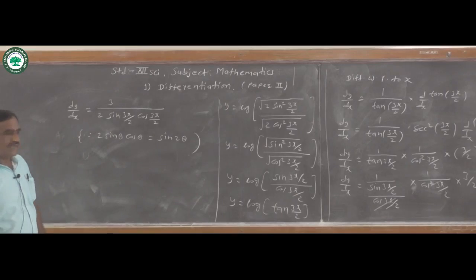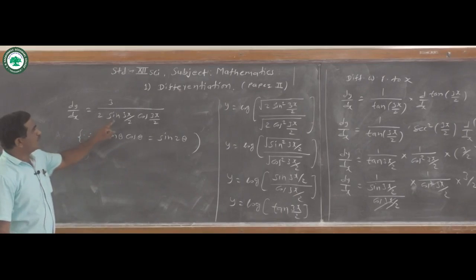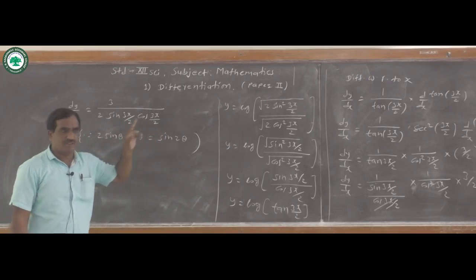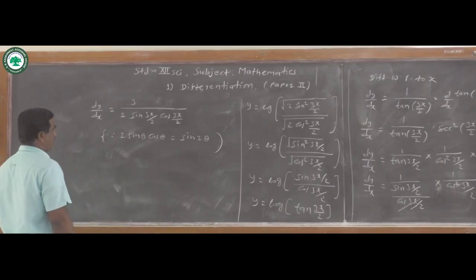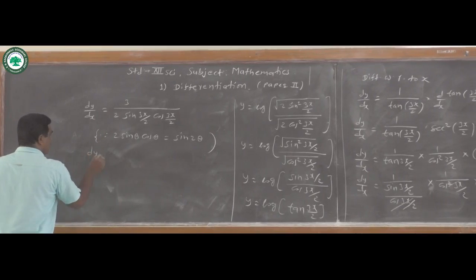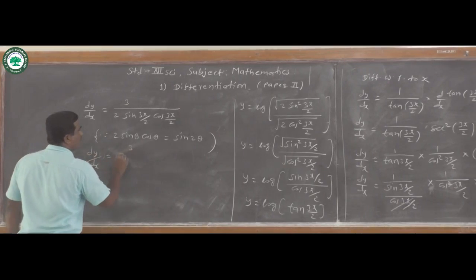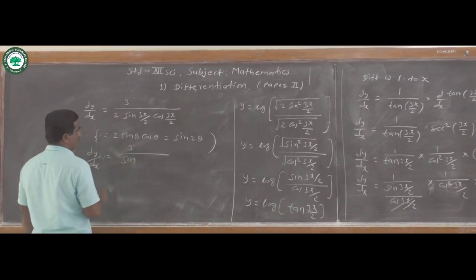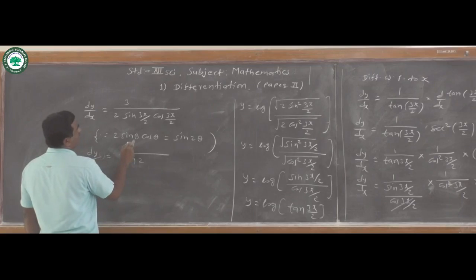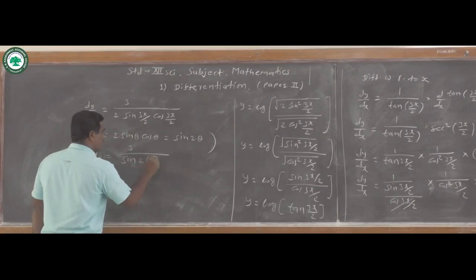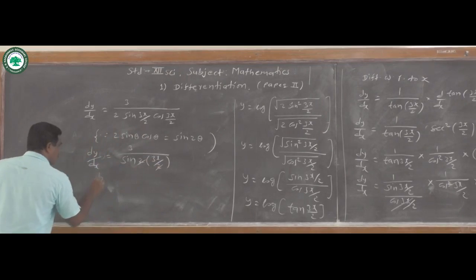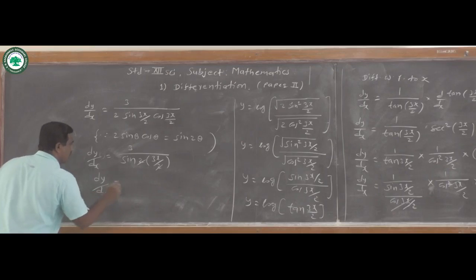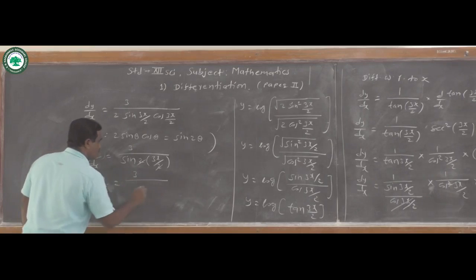Using this formula we can write the value of 2 into sine of 3x by 2 into cos of 3x by 2 is equal to sine of 2 into 3x by 2. That is dy by dx equal to 3 upon sine of 2 into the value of theta, 3x by 2, that is 3x upon 2. Now here 2 cancels. Remains only dy by dx is equal to 3 upon sine of 3x.